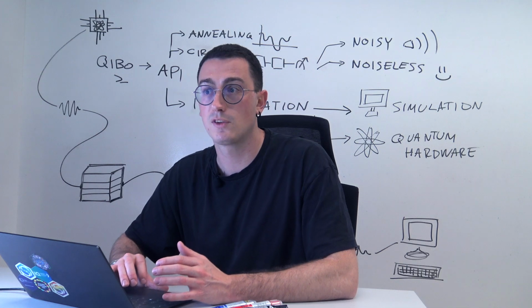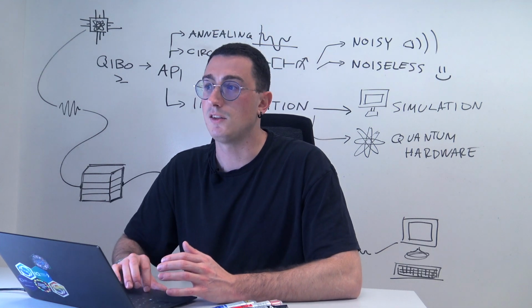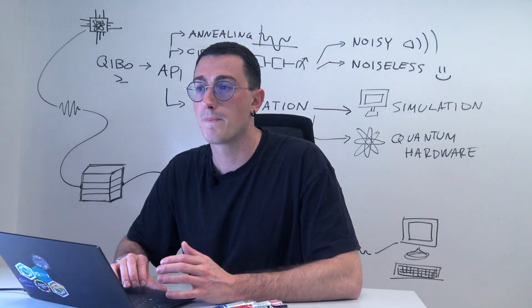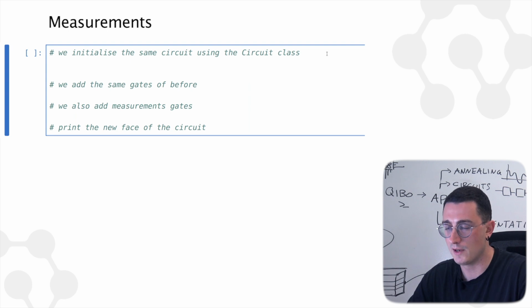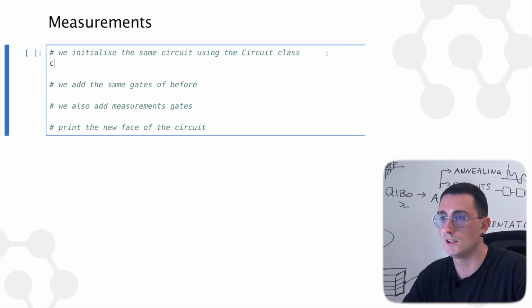So let me at first copy-paste the circuit from the previous source. The first thing we can do is to initialize a circuit of the same dimensions in terms of qubits of the one we already implemented. So we say C equal to circuit, and qubits equal to n qubits, which we set to be 4.